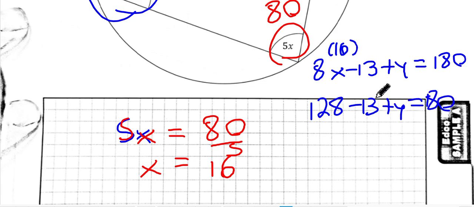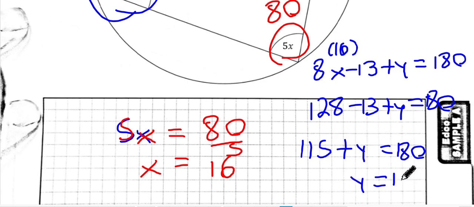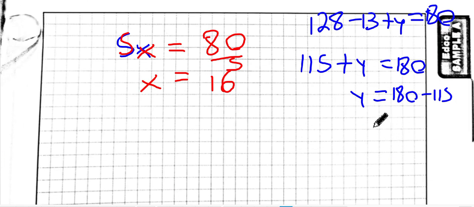What is 128 minus 13? 115 plus y is 180. What must y be to add on to 115 to turn it into 180? 65? Yeah.